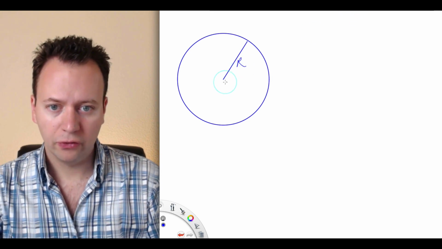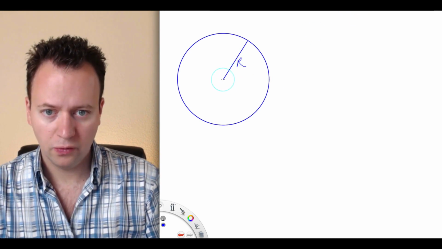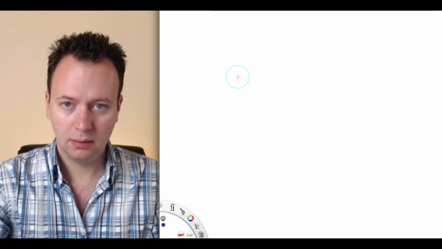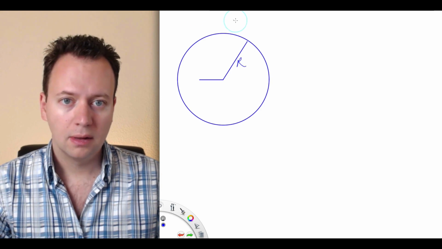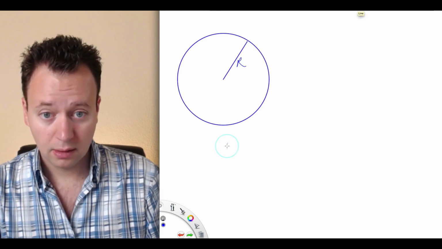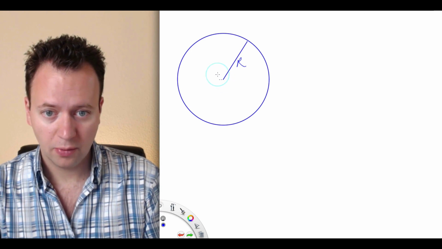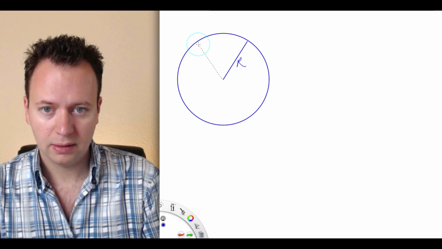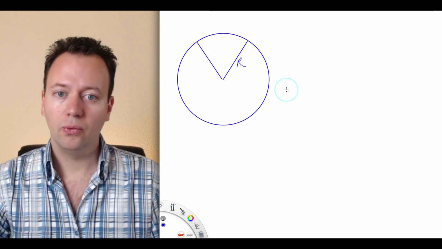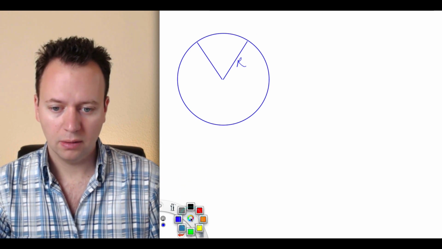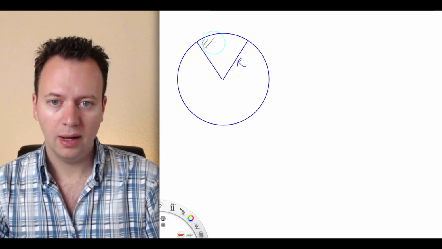And then of course we're going to remove a section. So we're going to remove a section of that piece of circular sheet of paper, like this. We're going to remove this strip right in there. So this is going to be cut away.